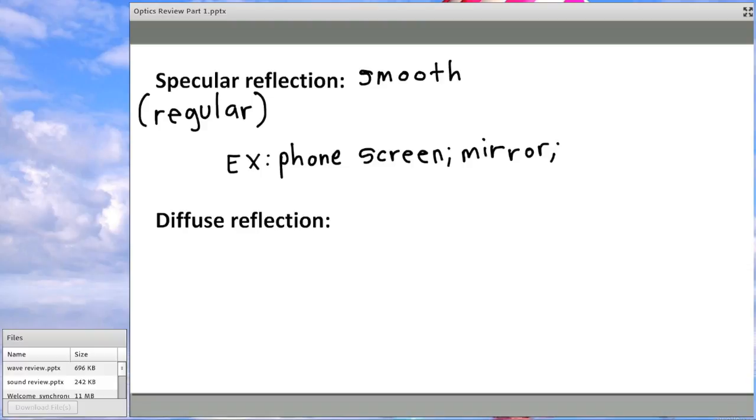A shiny car, like a real nice and clean shiny car. Sometimes the ocean surface, when it's really, really flat, and you get that light that kind of shines up and almost blinds you, that would be specular reflection. So it has to be something really shiny that will give you that kind of reflection.